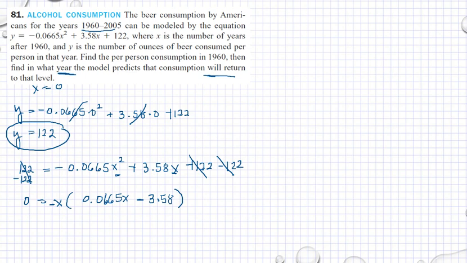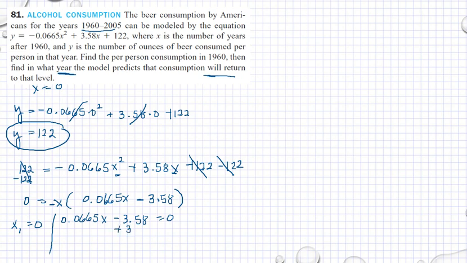So my x now, one x is 0 anyway, but the other is what we are interested in: x times 0.0665x minus 3.58 is equal to 0.